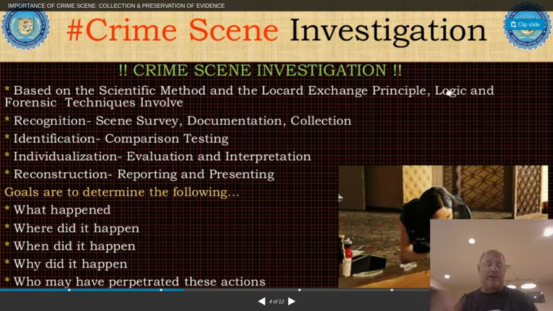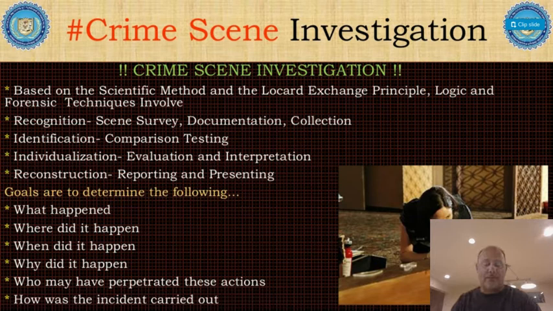Basic logic, we did some deductive reasoning the other day, and forensic science techniques. All of these things: the scientific method, the idea that things exchange material, deductive reasoning and working backwards, and then basic forensic science techniques, and taking the proper way to take certain types of fingerprints, the proper way to collect hair and fibers, looking for Wallner lines when you're looking at glass and things like that.